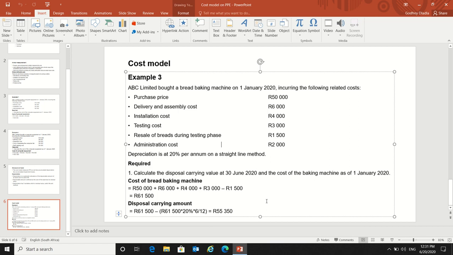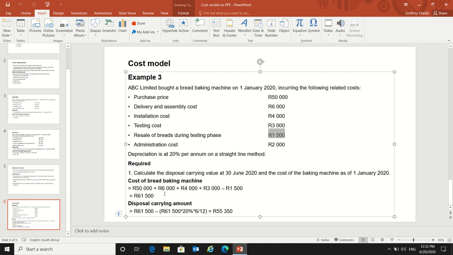If you sell these breads to these people, they will give you 1,500. So in short, they are reducing your testing cost, which is 3,000, by 1.5. Because remember, the 50 breads that you've manufactured are in this 3,000. If you receive something here, the 1.5, it reduces the 3,000 testing cost, because the breads are in the 3,000 at cost price and you're selling them at 1.5, so you recover something.